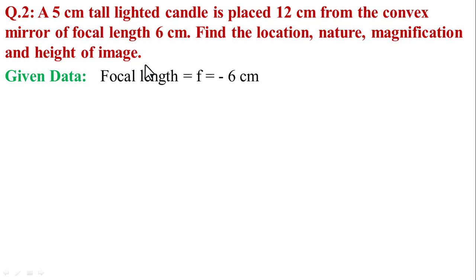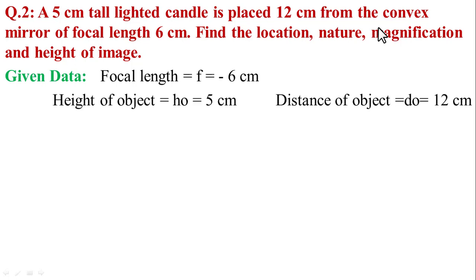So, according to the statement, write the given data. Focal length f is equal to minus 6 centimeter, because here the mirror is a convex mirror. The height of object h naught is equal to 5 centimeter, and also distance of object d naught is equal to 12 centimeter.